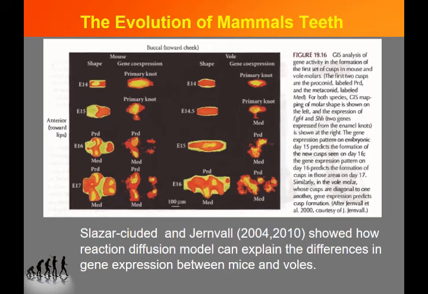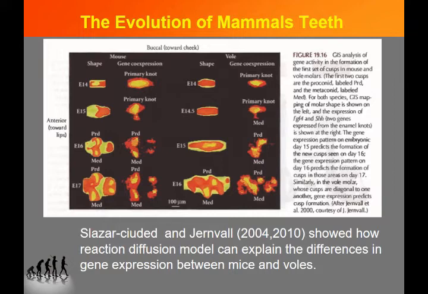Okay, the next topic is the evolution of mammalian teeth. In this picture, we can see the GIS analysis of gene activity in the formation of the first set of cusps in mouse and vole molars.